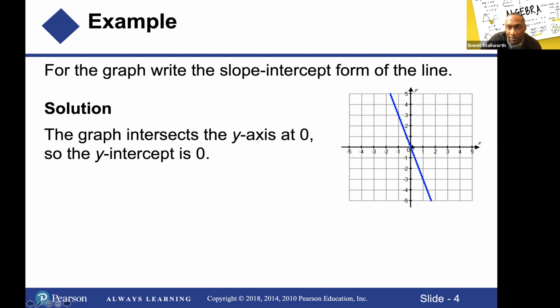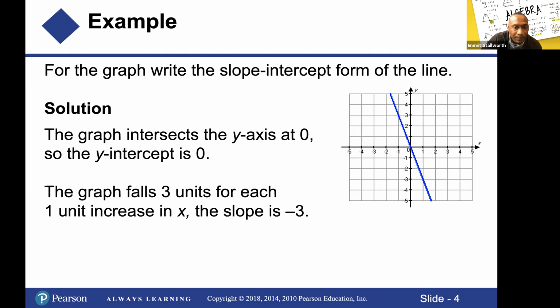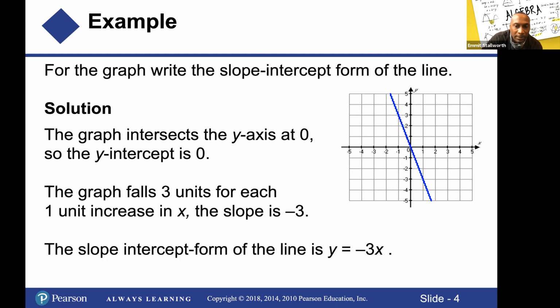So it appears that my slope is going to be -3. So yeah, my slope is -3. So here is my equation. y is equal to -3x plus 0. All right. And that's why we have that.